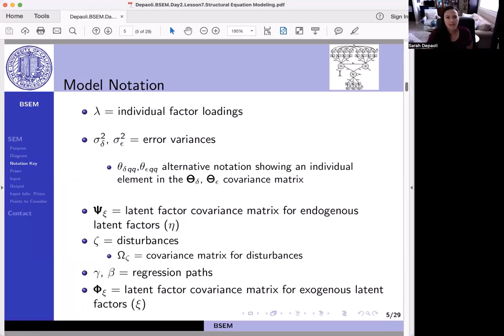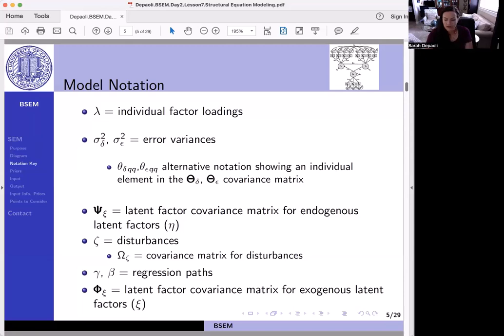Then we have regression paths here in the center. So we have gammas and betas, and this depends on whether they're linking together exogenous or endogenous variables. And then finally, we have big phi, which is a covariance matrix for the exogenous variables, if you had such a thing.